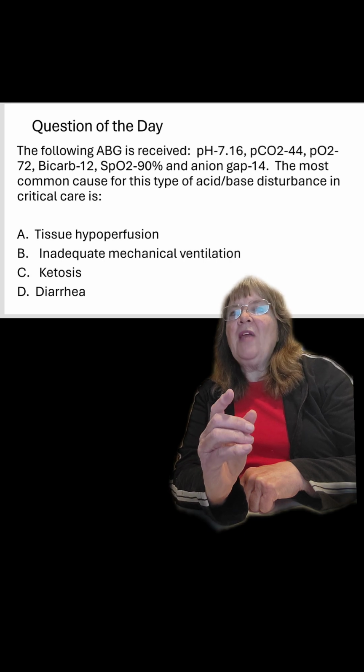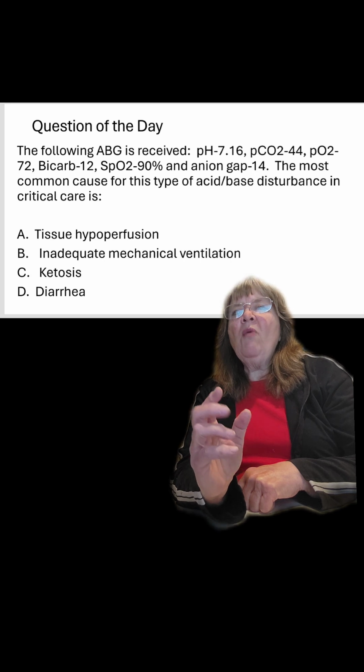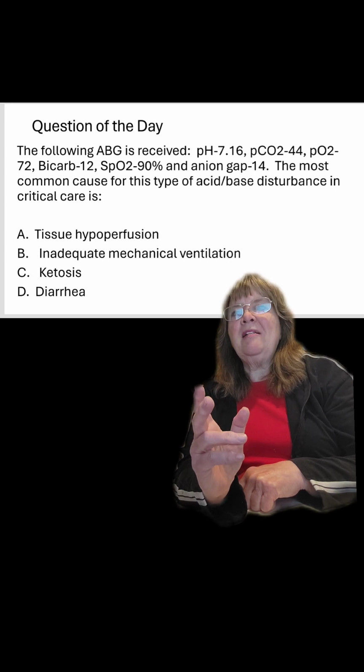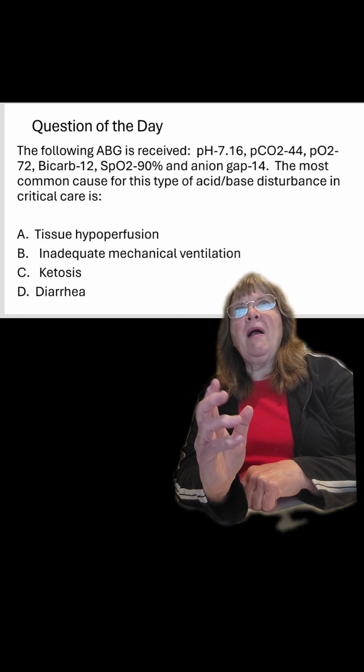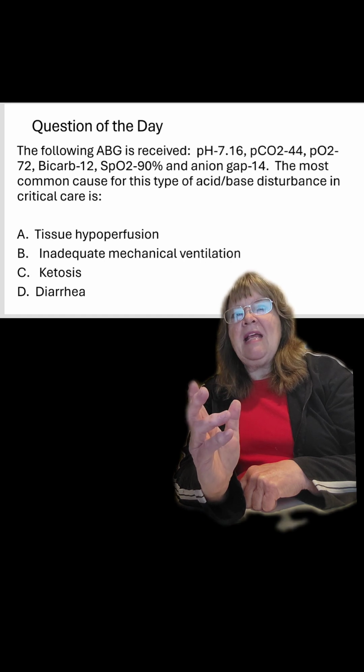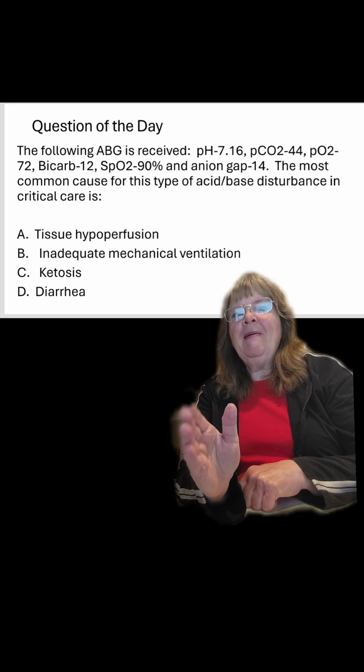And now the anion gap is 14. So when you have a metabolic acidosis, remember, typically all the etiologies of metabolic acidosis really kind of fall under two primary categories. Either it's because of acid gain or bicarb loss.